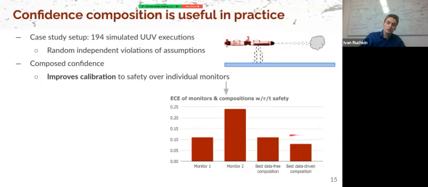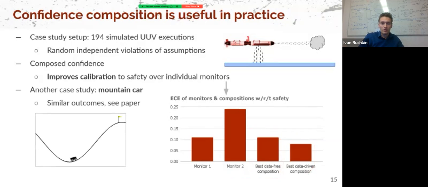And then there is the data-driven approach that can outperform all the monitors and non-data-driven compositions, further improving the calibration. So that's good. And there's another case study in the paper on a mountain car. I'm not talking about it now, but the results are similar there. And all of that confirms indirectly our theory because all these calibration errors fall within the bounds predicted by the theory.